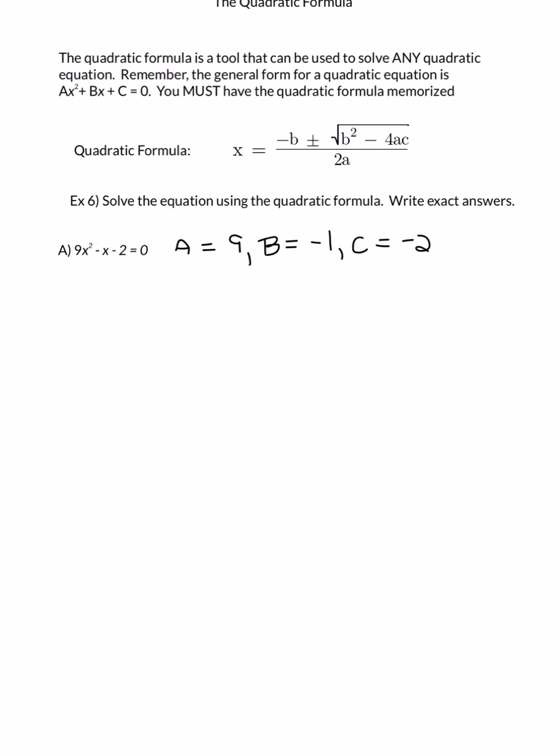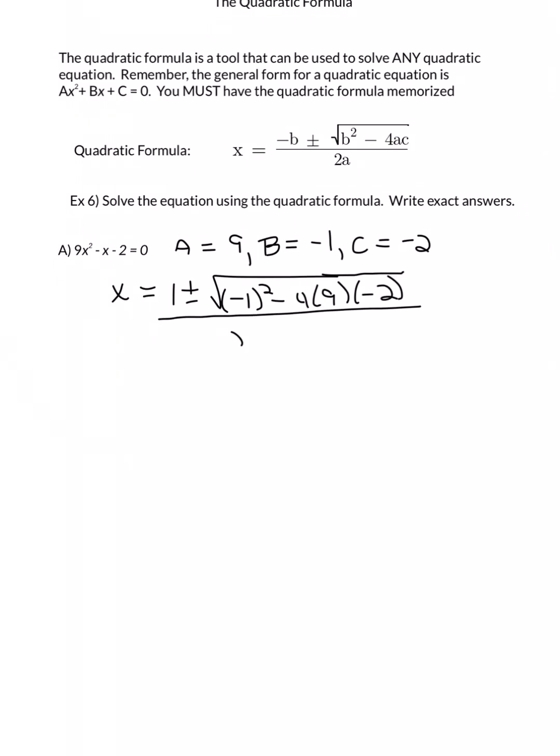Putting all of this into the quadratic formula, we would have x equals, the opposite of our b will become positive 1, plus or minus the square root of negative 1 that we are squaring, minus 4 times 9 times negative 2. All of this needs to be inside the square root. In the denominator, you will be doing 2 times the a, which is 9.